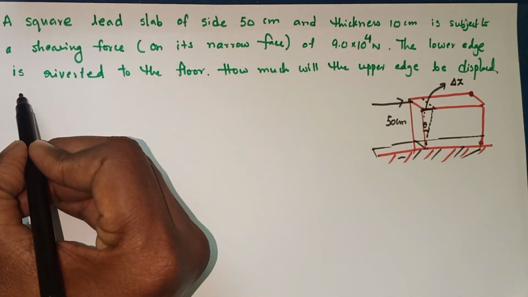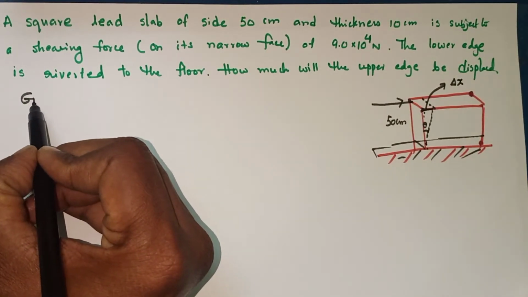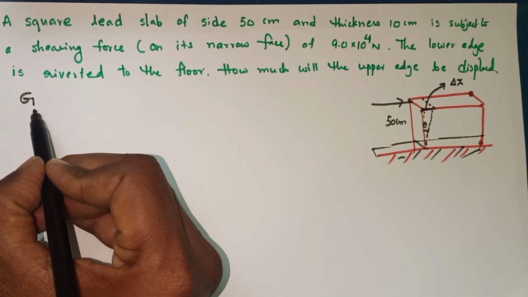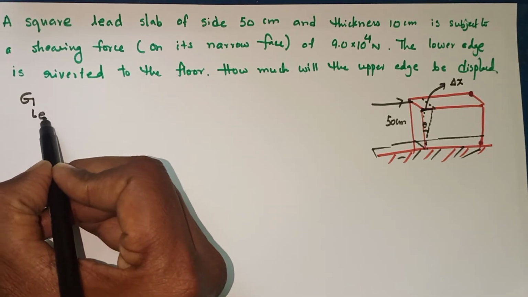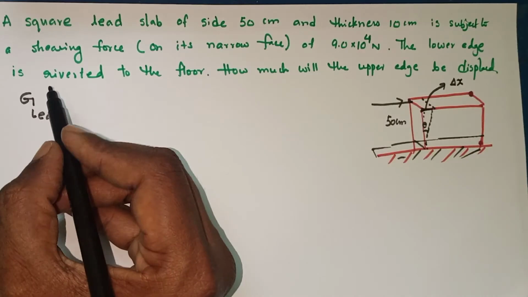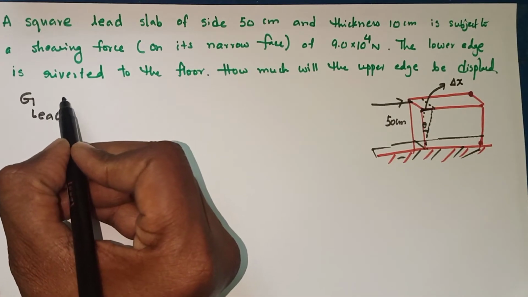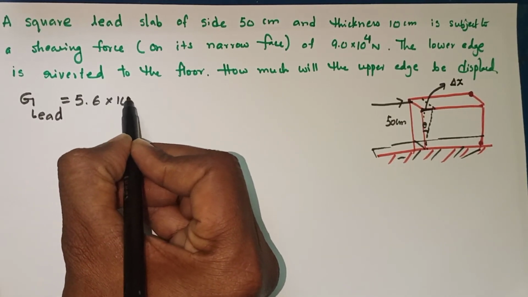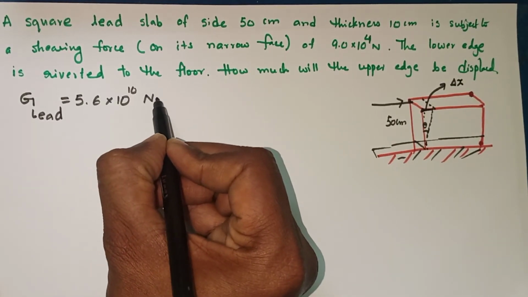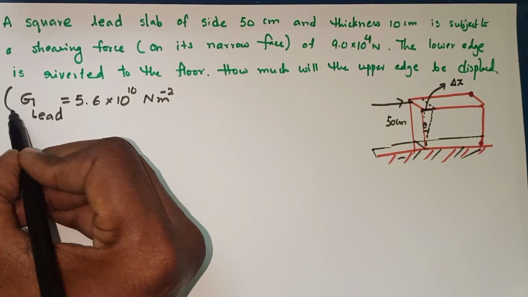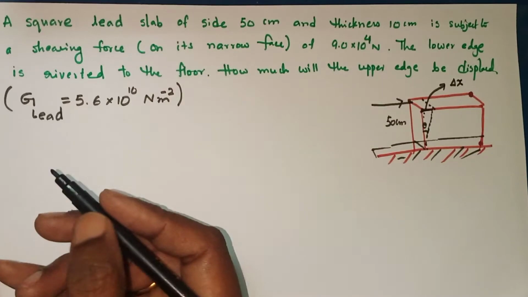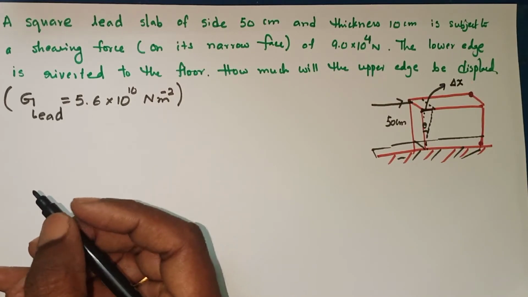So what is the shear modulus of lead? It is 5.6 into 10 power 10 Newton per meter square. Of course, this would be given in the table, or sometimes this value is also included in the problems.